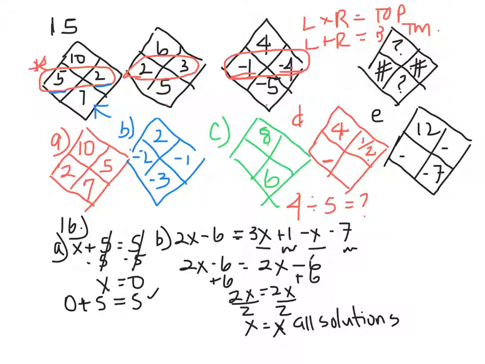All right, let's take a look at 16C. It says 3x plus 1 equals 43.